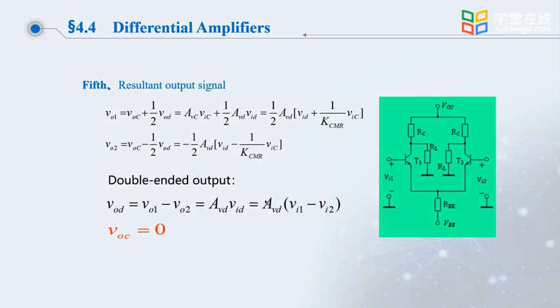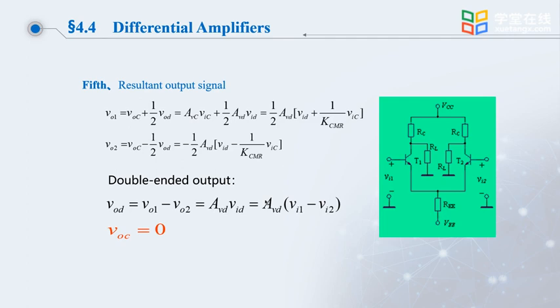VO2 is equal to the common mode output voltage minus 1 out of 2 differential mode input voltage. When we introduce the common mode rejection ratio into this expression, we eliminate the common mode gain AVC and only retain AVD and the common mode rejection ratio. We will get the following formula.